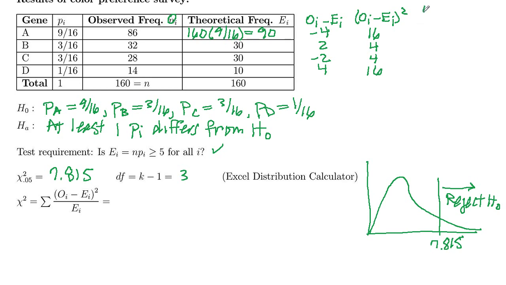And then you'll take those values and divide them by the expected, so we get relative amounts. So this 16 will be divided by 90, the 4 divided by 30, 4 by 30 again, and then 16 by 10.